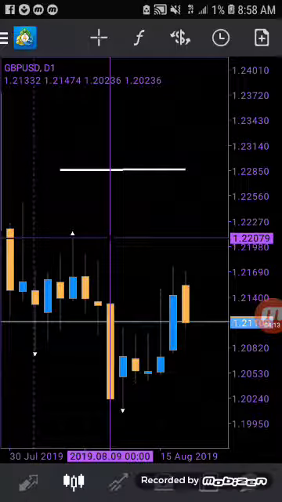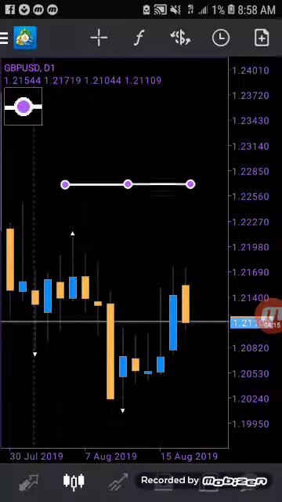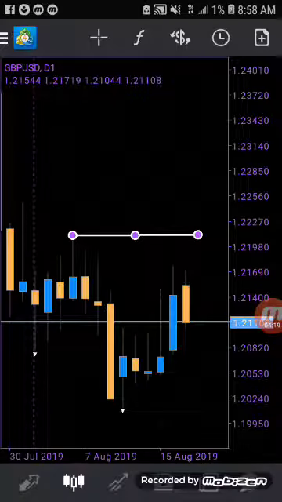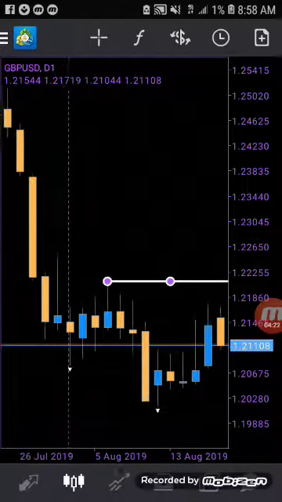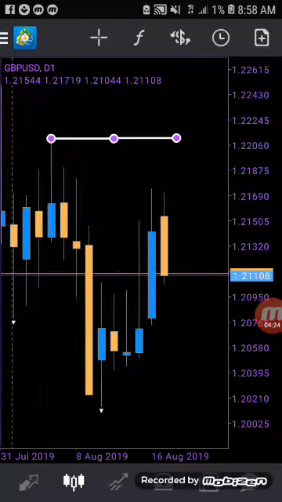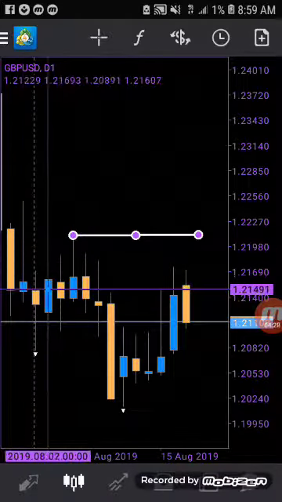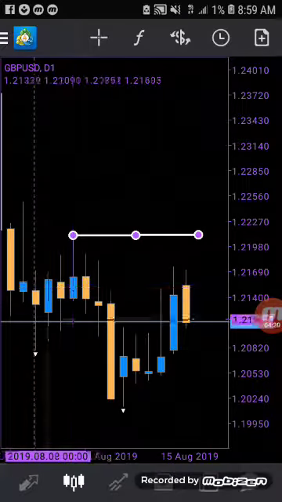So this is a ceiling. It has 3 blue candles in it. See, 1, 2, 3. This is a weak supply.